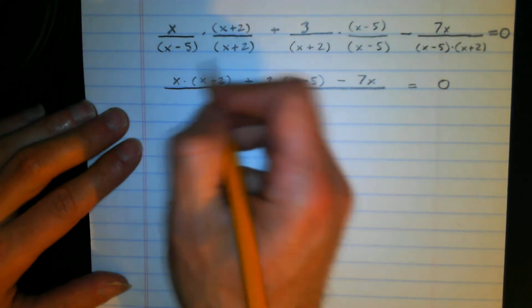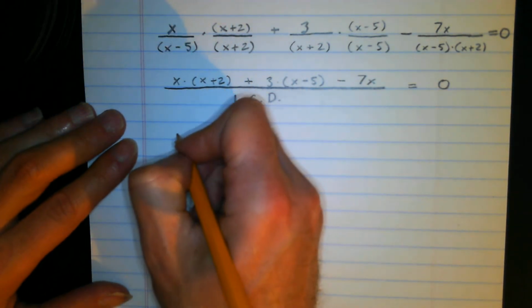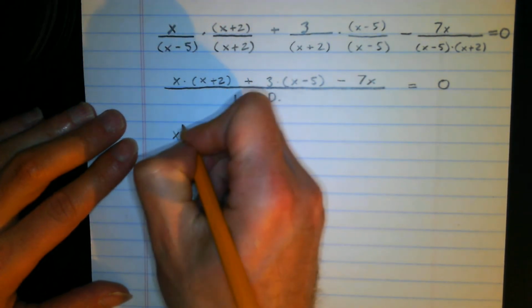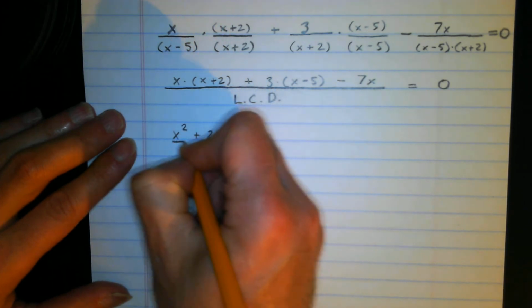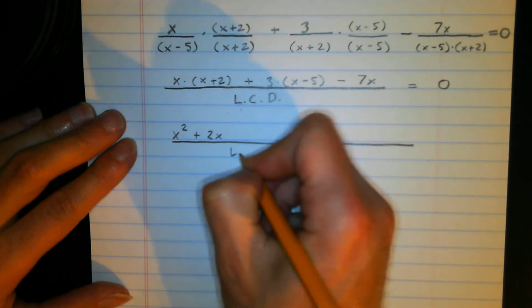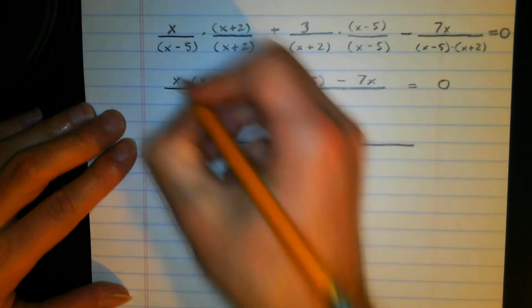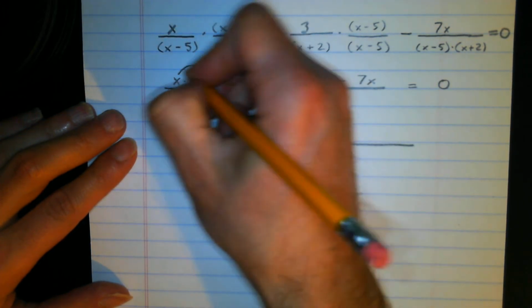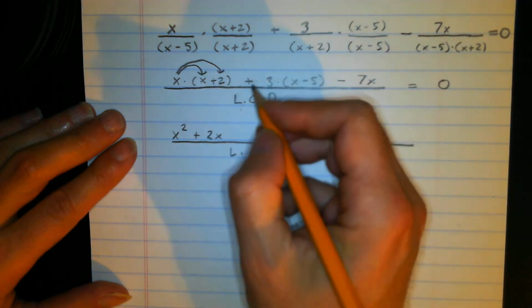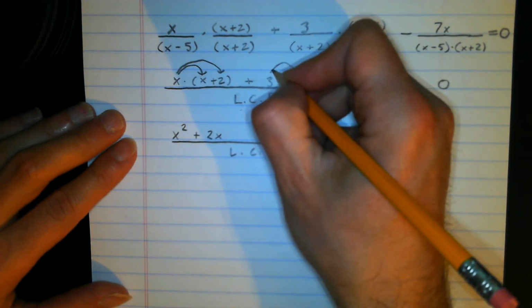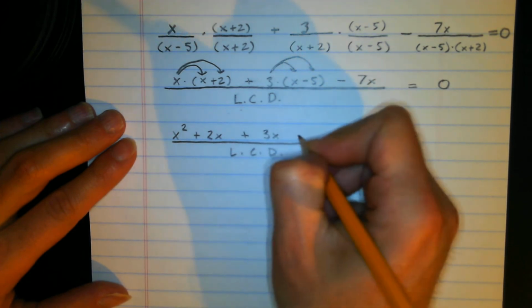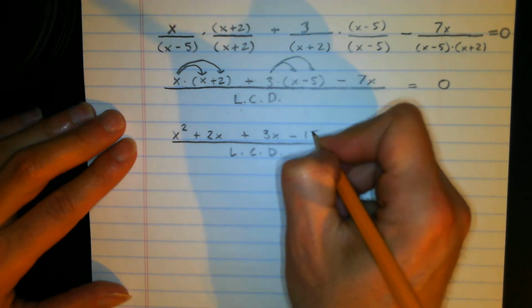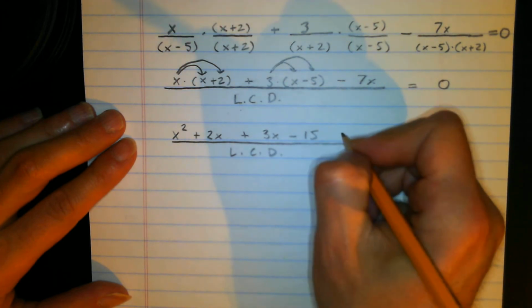So I'm going to distribute and collect like terms. That was from distributing that x there. And then I need to distribute the 3, so I get plus 3x minus 15. And then I need to subtract 7x.